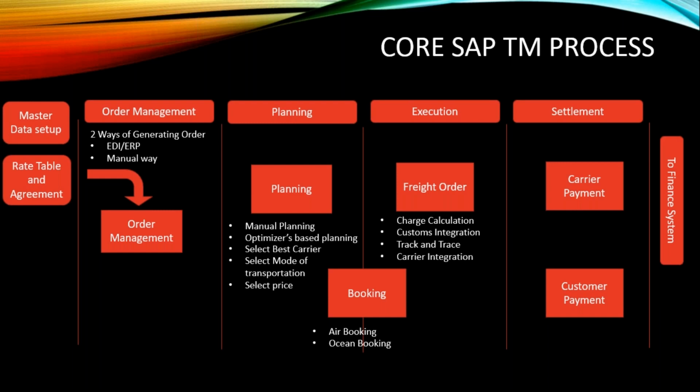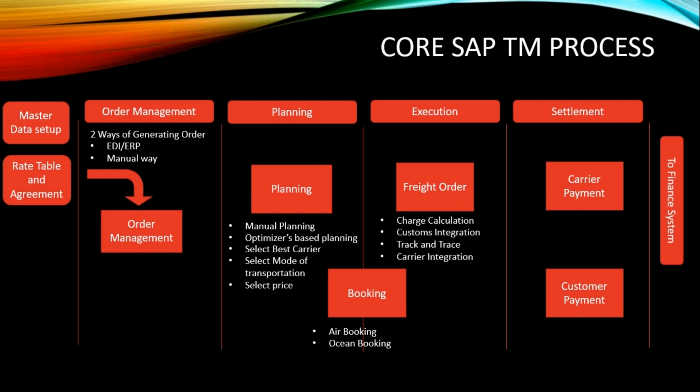But freight order is generally raised for road and rail kind of orders. For air and ocean kind of orders, or bookings, you will be creating a freight booking in the system. That is from the point of view of the complexities that you will be able to see in ocean and air, which will not be there much in your road or rail cases.